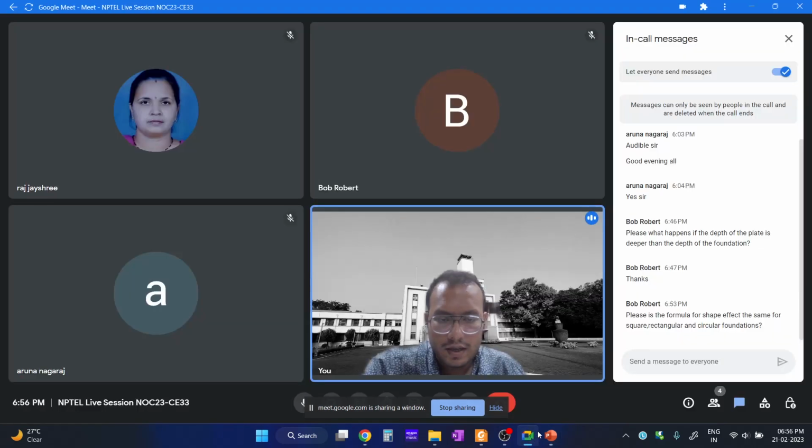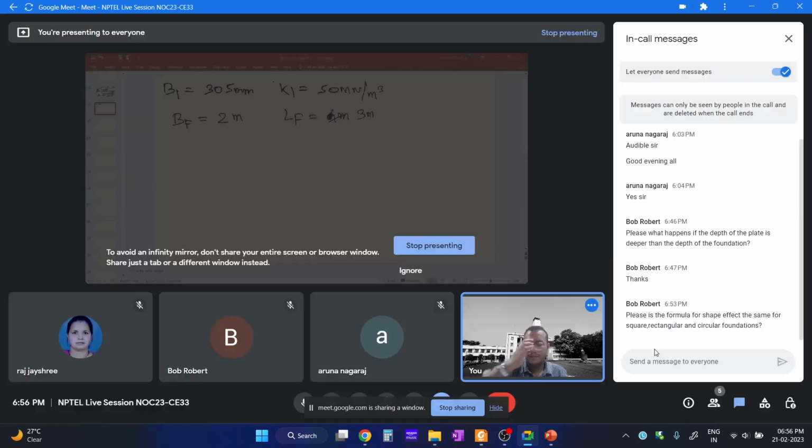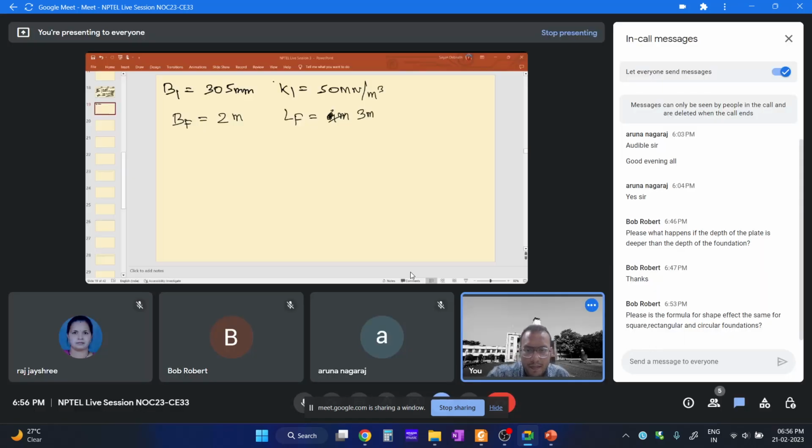Okay, I can see there is a question in the chat box. The question is whether the formula for shape effect is the same for square, rectangular, and circular foundations. Here we are discussing only rectangular and square foundations. Generally, we don't use circular plates for plate load test. But if there is a circular footing, then it's different.